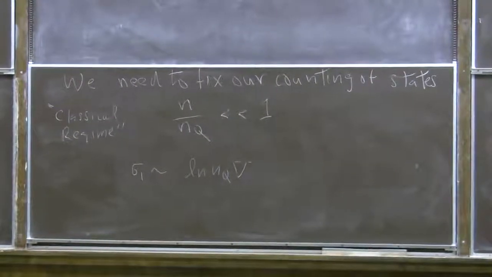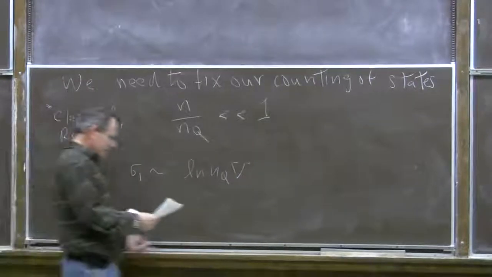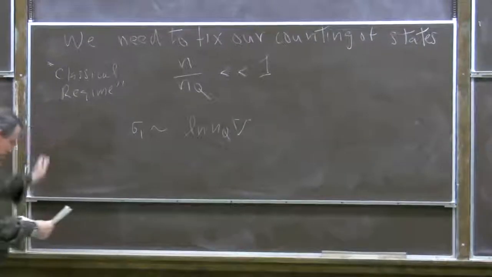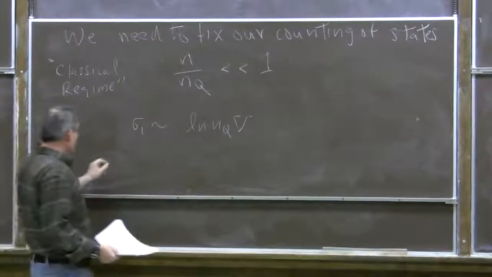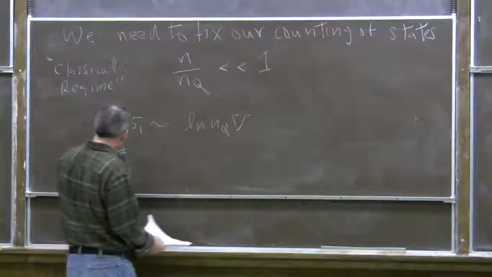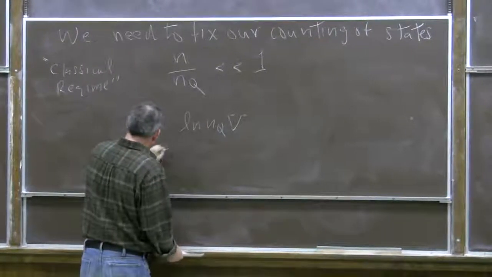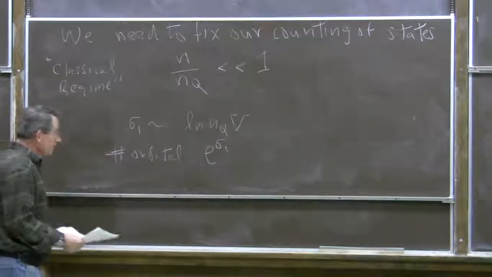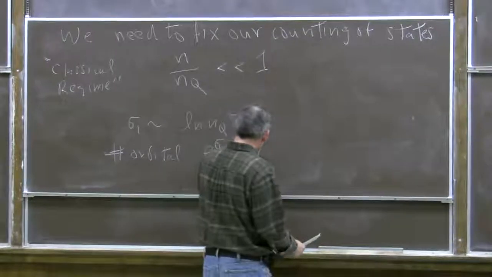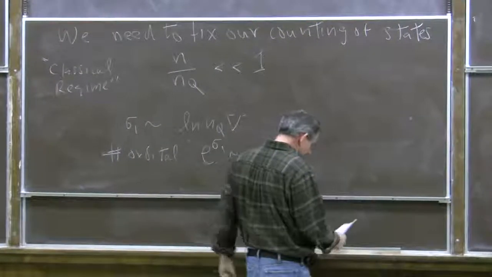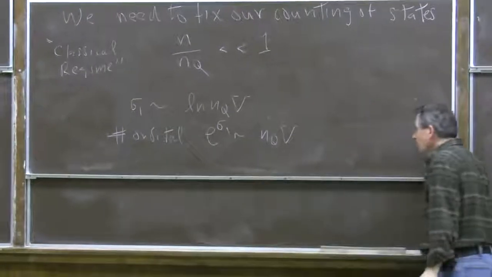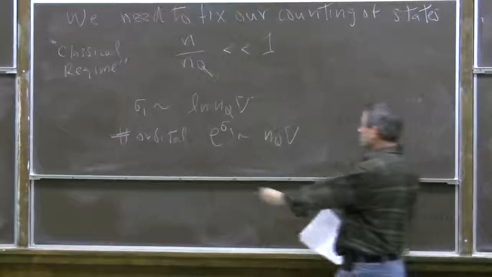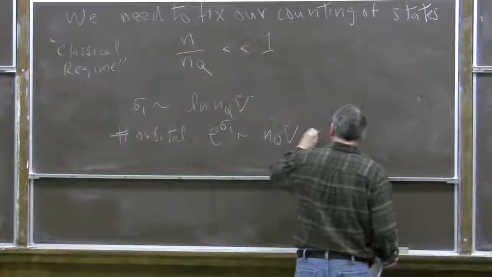Since we had n times the log of the quantum concentration times the volume, plus some additional term that we could take to be small compared to this term. So that means that the number of orbitals, essentially the number of states for a single particle, or the degeneracy, we could think of as being e to the entropy of the single particle. Well, I can take the exponential of the log and get quantum concentration times volume. And the regime I want to consider is the one in which this number of orbitals is large compared to the number of particles.